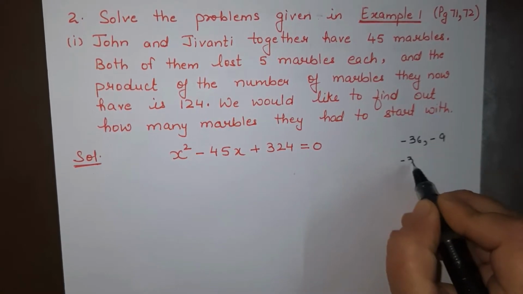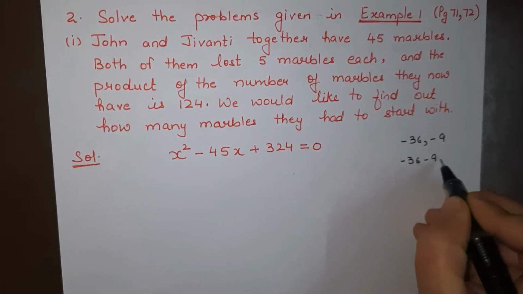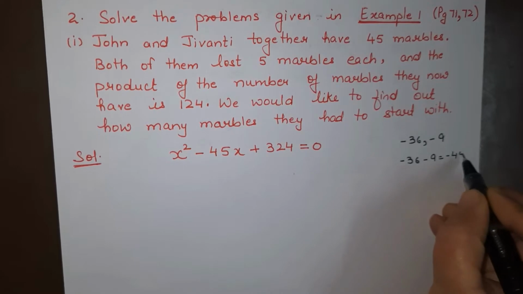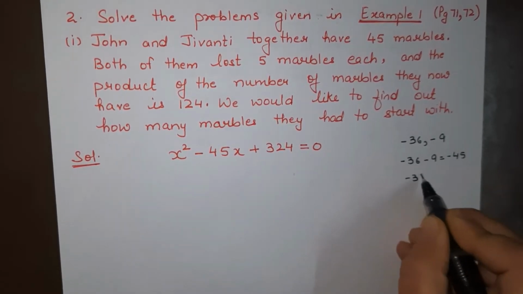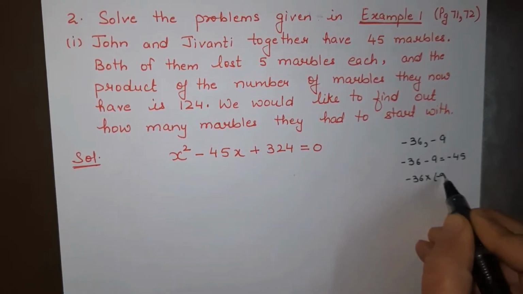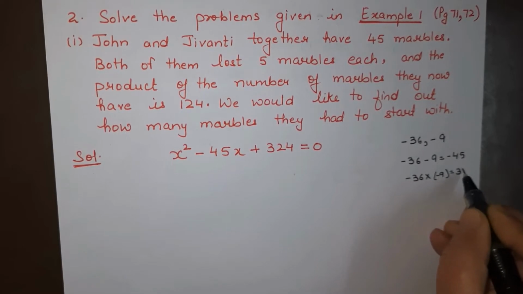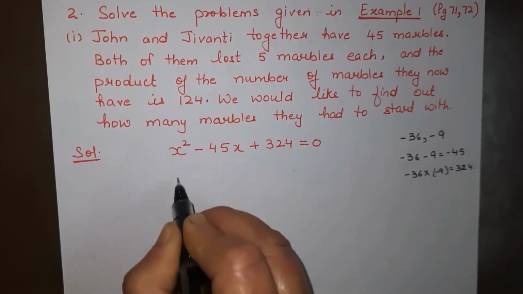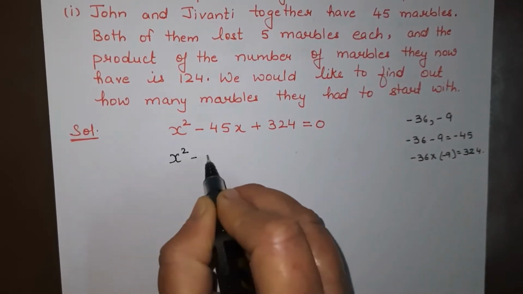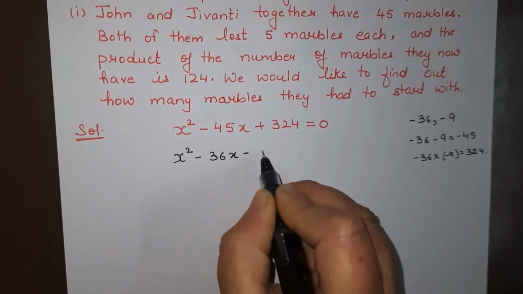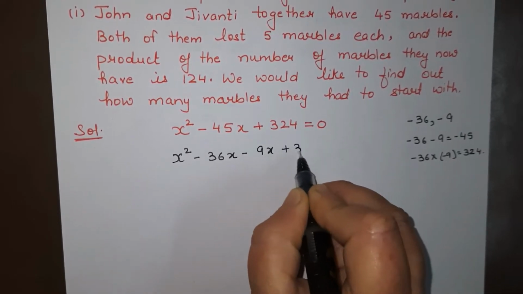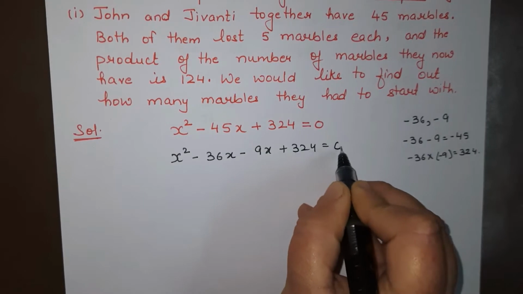If we add them, minus 36 and minus 9, we get minus 45, and minus 36 multiplied by minus 9 is 324. So we will write it like this: x square minus 36x minus 9x plus 324 equals 0.